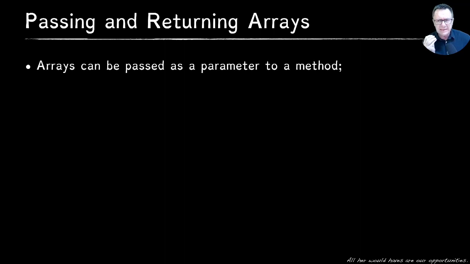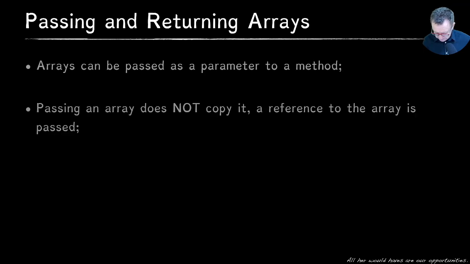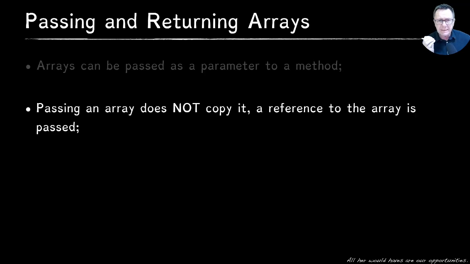So we need to start thinking about passing and returning arrays, okay? We can pass an array as a parameter to a method, not a problem. But it doesn't copy the array. It's a reference. All that the method receives is a reference to the original array.